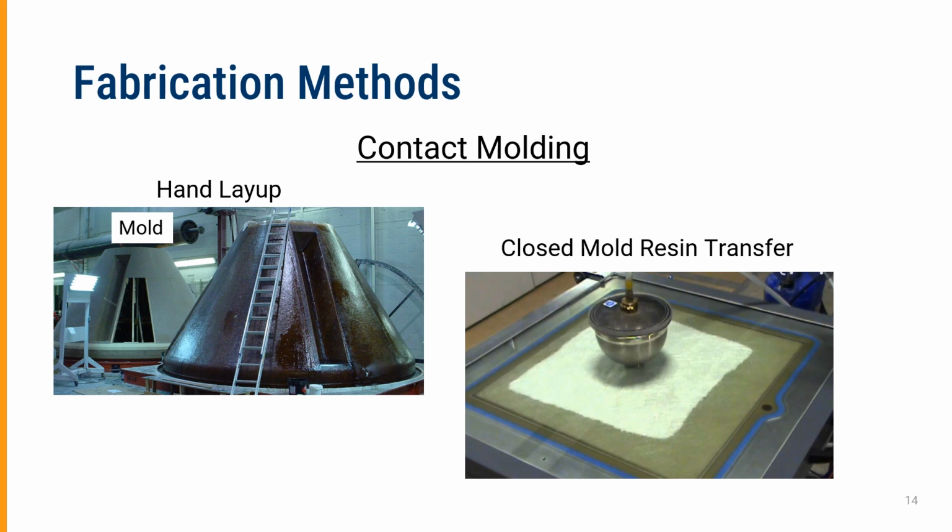And another one is a closed mold resin transfer, where the reinforcement, which is here, you can see the glass area or the white area is typically glass that doesn't have resin in it yet. That has been placed into a mold in the orientations required in the final part.